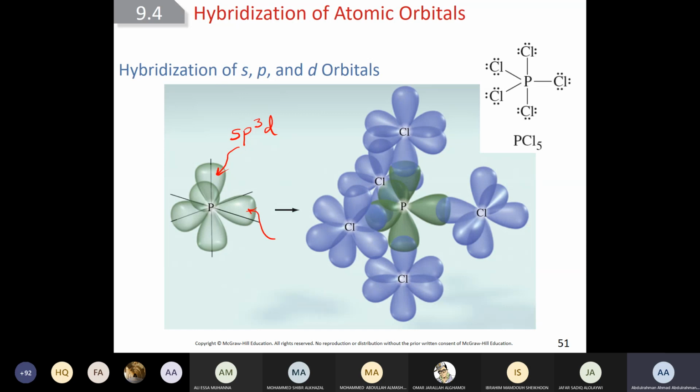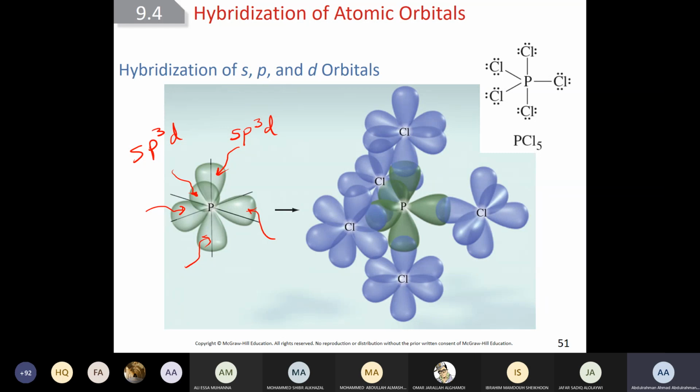It's the same, sp3d. How about this orbital? Same. And how about this orbital? 5 orbitals. All of them are called sp3d1, or as I said, usually we don't write the 1, so we keep it sp3d.